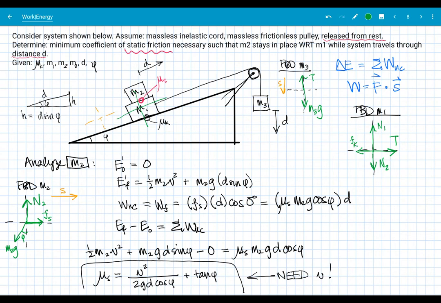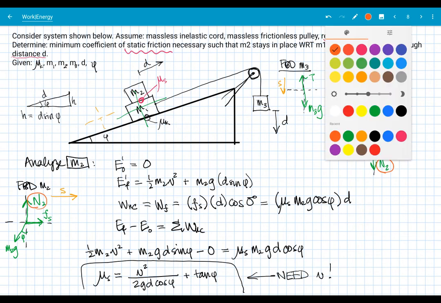N2, normal force there. And then, okay, Newton's third law time, you guys. There's also the static frictional force, which is a force at the interface between blocks 1 and 2, right? So let's keep an eye on our Newton's third law pairs. Here's N2 and there's N2. That's a third law pair. That's the normal force between the blocks at the interface between blocks 1 and 2. So guess what? Static frictional force happens at that exact same interface, so that's also going to be part of a third law pair.